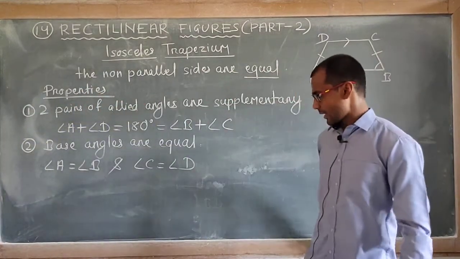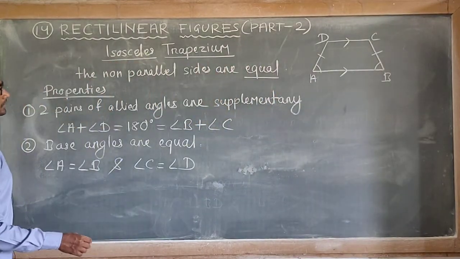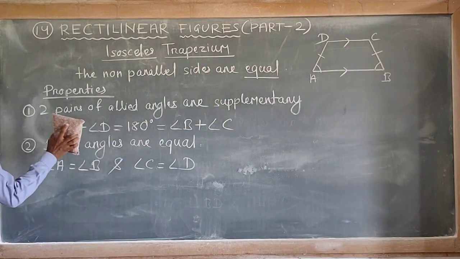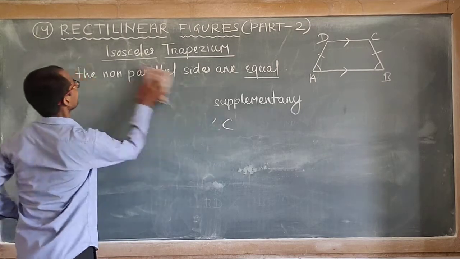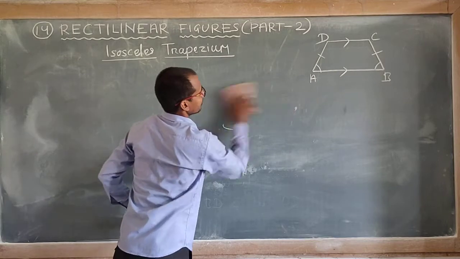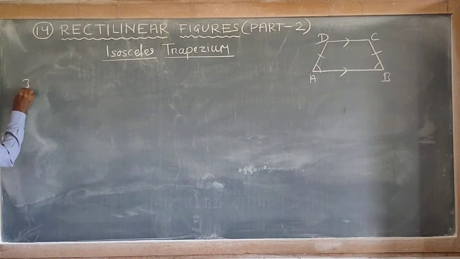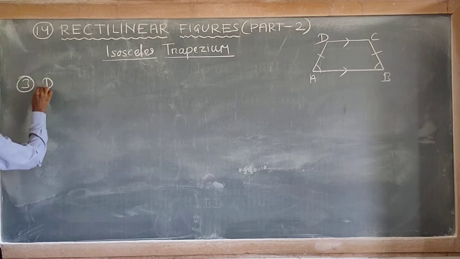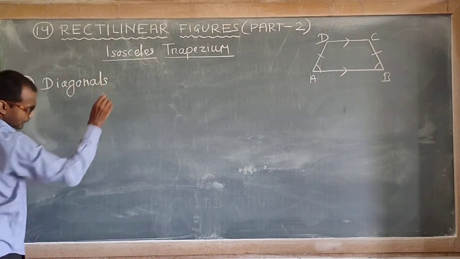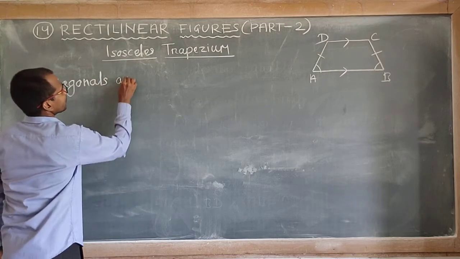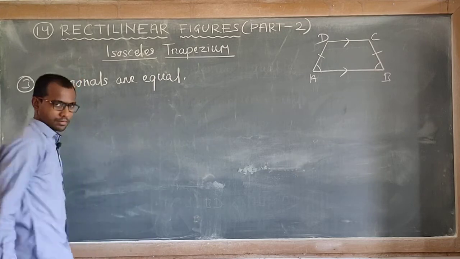The third property is diagonals are equal.